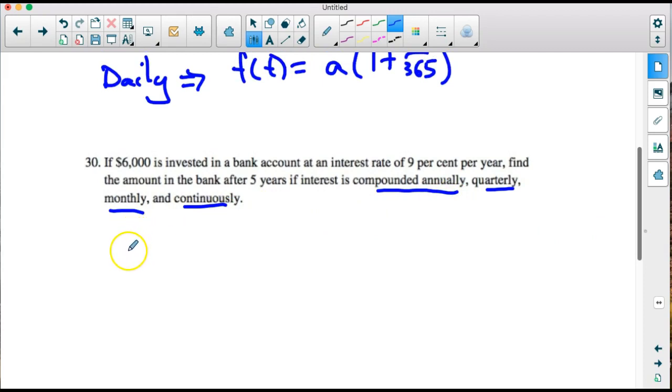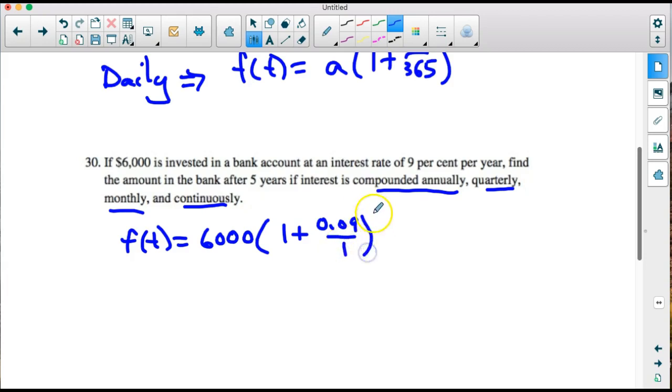Okay, so we're going to have our function f of t. We know it starts at $6,000. We're going to have 1 plus, our interest rate is 9%, so that's 0.09 here. That's always going to be the same. Our compounding annually is 1, so we're going to put t here, and that's going to be 5 in this case. So this is how much you would earn annually.